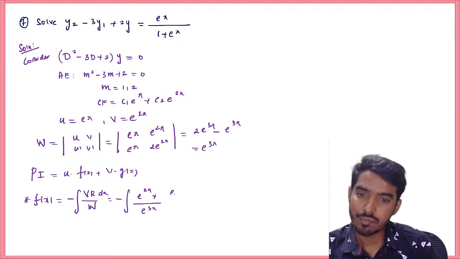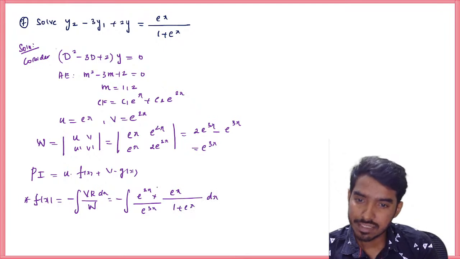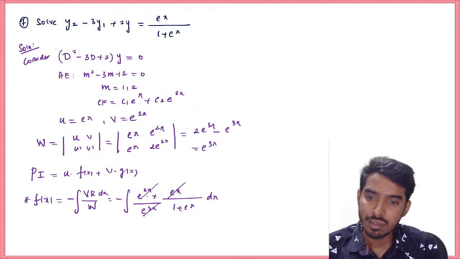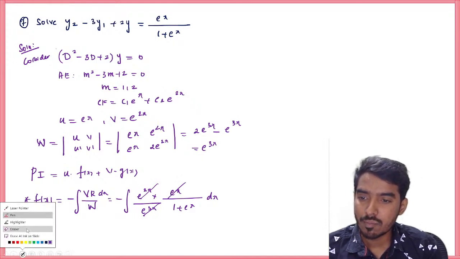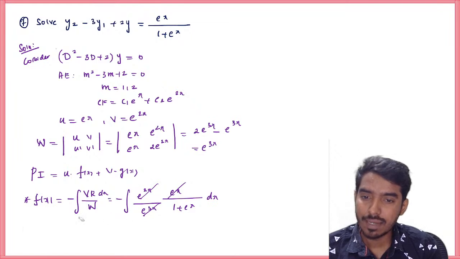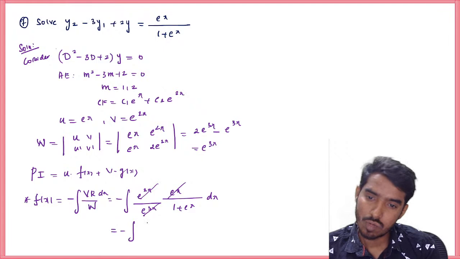What is r? E power x by 1 plus e power x dx. Now you can see e power 2x, e power x, e power 3x will get cancelled, right? E power 2x into e power x is e power 3x. E power 3x divided by e power 3x will get cancelled. So we have minus of 1 by 1 plus e power x dx.